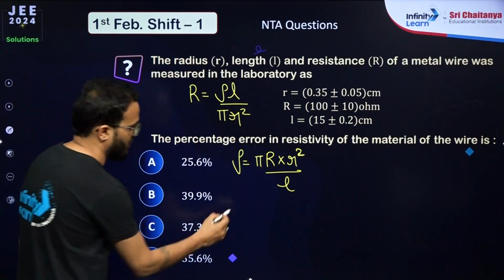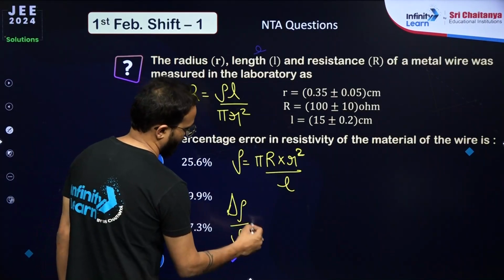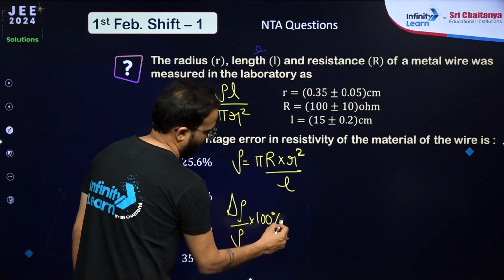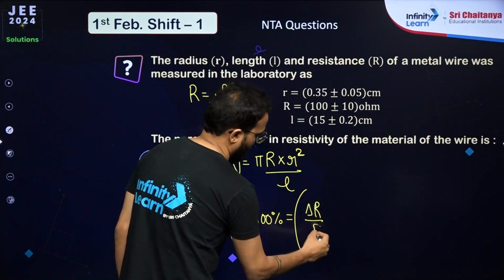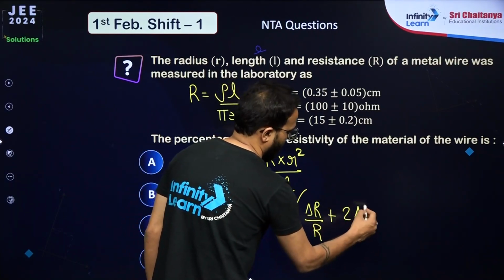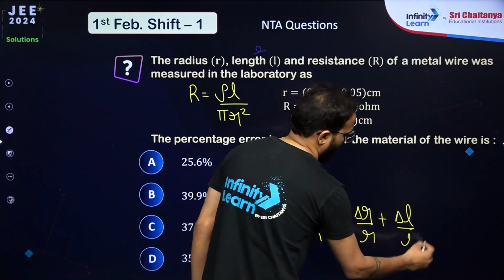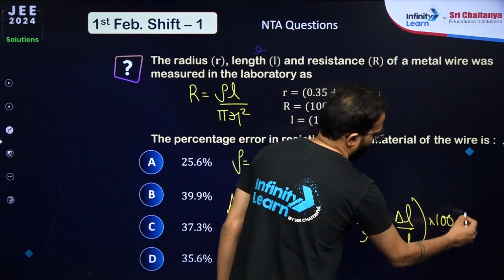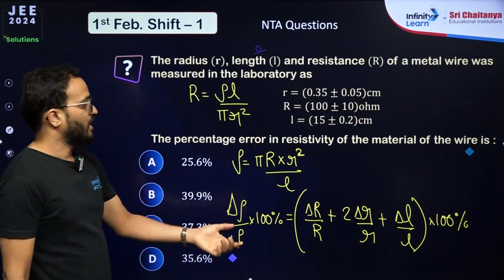So you will say, sir, delta rho by rho into 100% will be delta R by R plus 2 times delta small r by small r plus delta L by L, into 100 as a percentage, right? So just put the values. What is delta R?